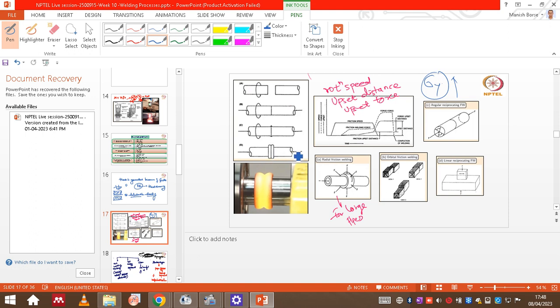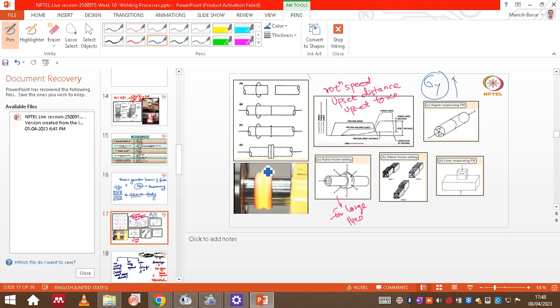After that we have to give a final upsetting force in the linear axial direction, and the excess material which got softened at the interfaces will come out as flash, and the interfaces coalesce with each other by mechanical deformation, right?